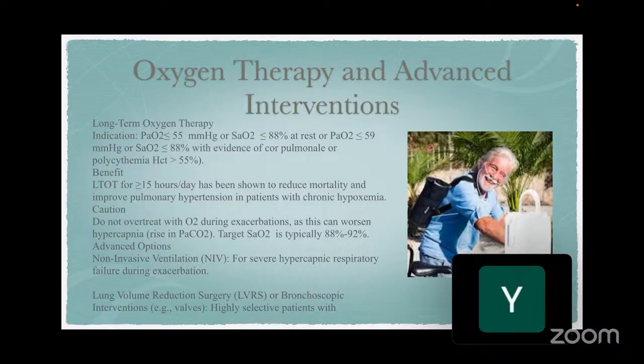It's indicated if a patient's partial pressure of oxygen is less than or equal to 55 mmHg, or the oxygen saturation is less than 88% at rest, or the partial pressure of oxygen is 59 mmHg, or if the patient has cor pulmonale or polycythemia and their oxygen saturation is less than or equal to 88%. The benefit is that if a patient uses it for more than 15 hours a day, it has been shown to reduce mortality and improve pulmonary hypertension in patients with chronic hypoxemia.